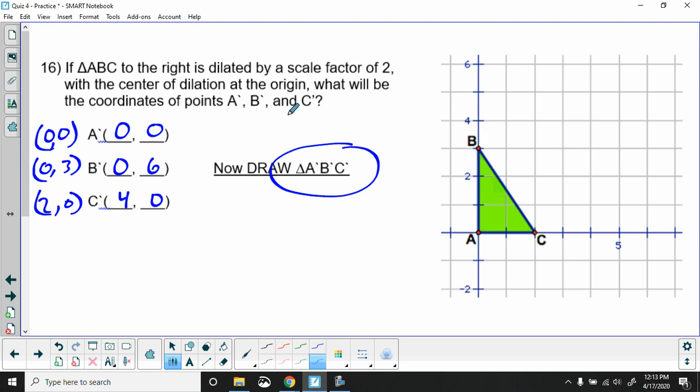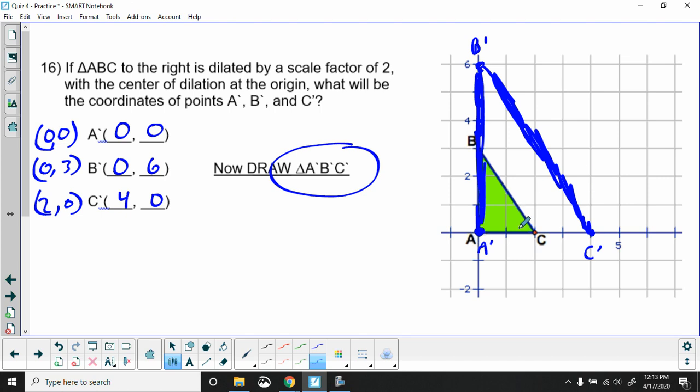And then C prime is 4, 0. Again, if you had a ruler, we can make this look pretty. I think this is pretty enough. Again, worried about time here. Boom, done. Notice it got larger because our scale factor is greater than 1.